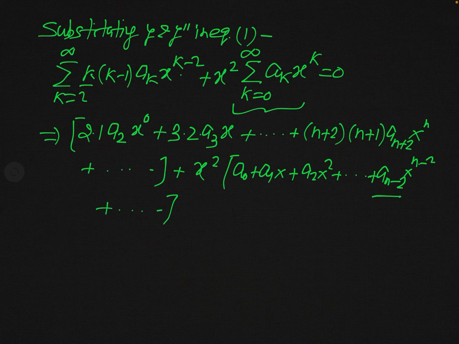Here I have selected k equal to n minus 2, then x to the power n minus 2. So when you multiply with this x square, then you will get x to the power n. So in fact, to get the term containing x to the power n, I have selected this particular value here for simplicity. And this will be equal to 0.